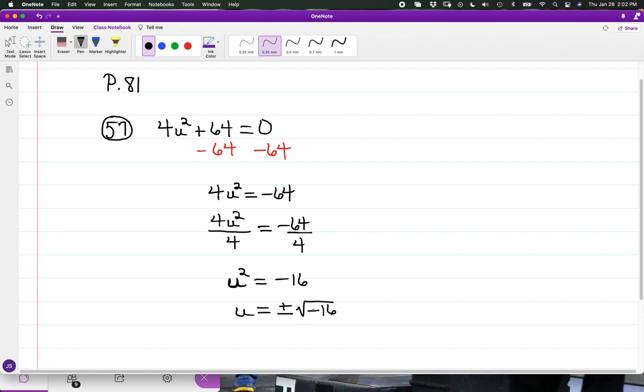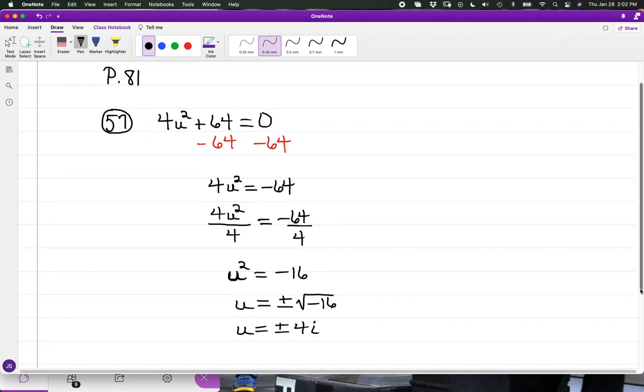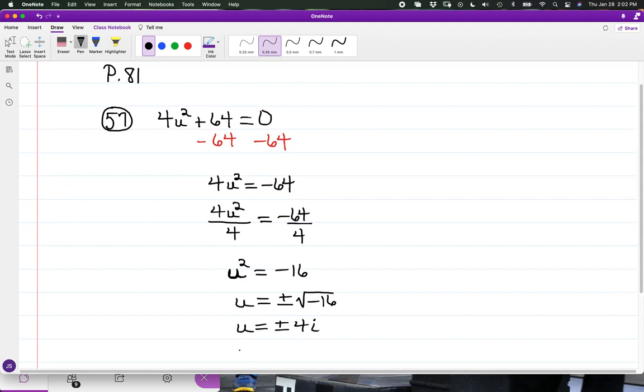So for u itself, we'll have a couple of complex roots. Now we have plus or minus, and the square root of 16 is 4, but the square root of negative 16 goes to 4i. So for the variable u, we have two additive inverse complex roots, 4i as well as minus 4i.